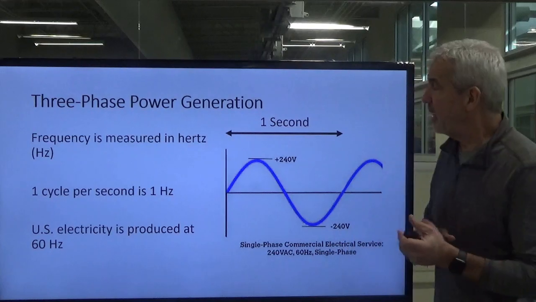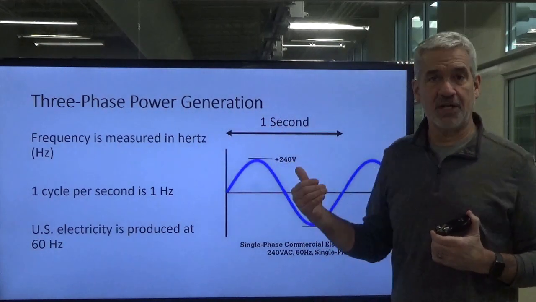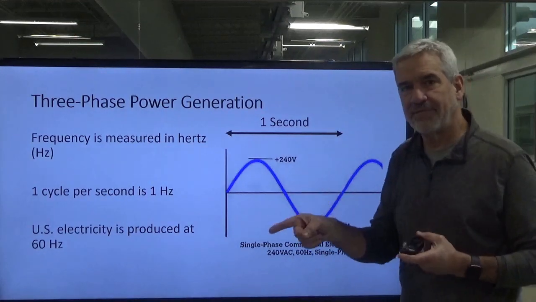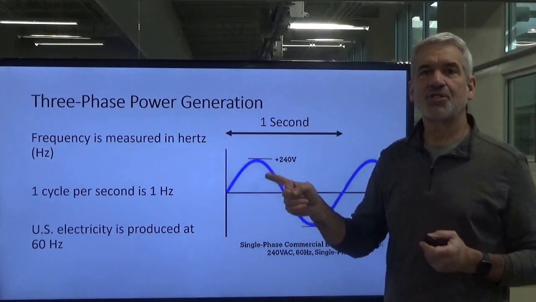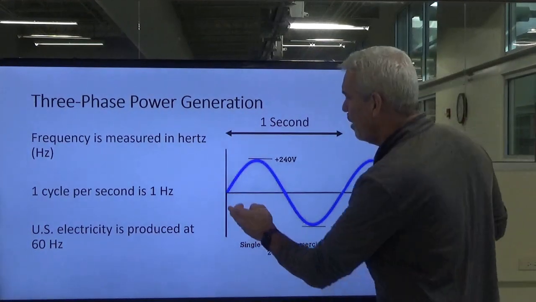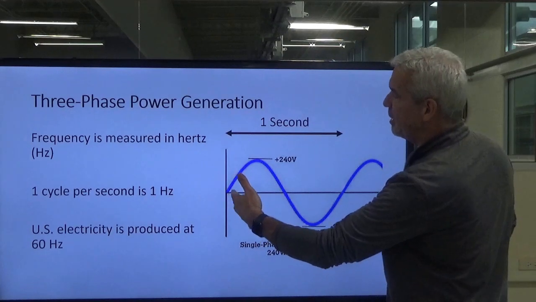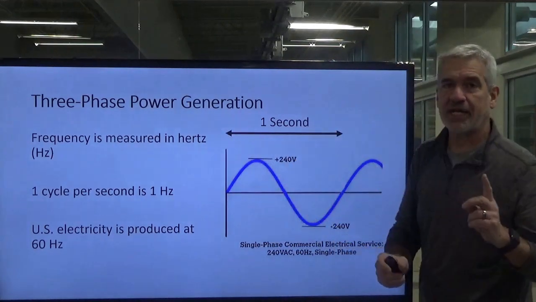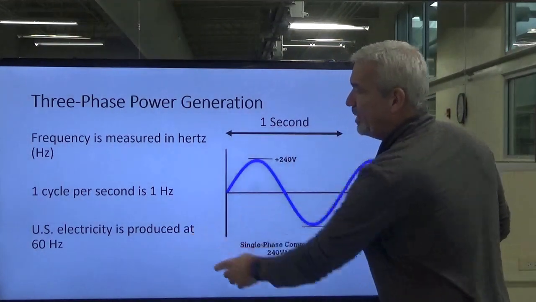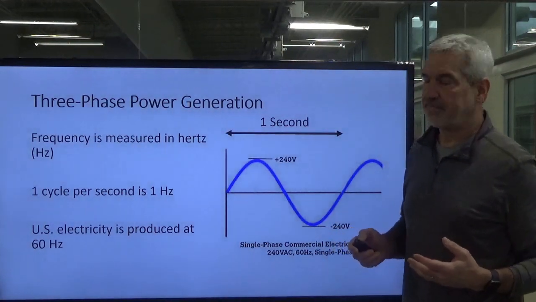The reason there's a difference is because in Europe they run at 50 hertz, meaning that the rotation of their generators is 10 hertz less per second. So it basically is the number of cycles within a 1 second period, and in the United States, we produce our voltage at 60 hertz.